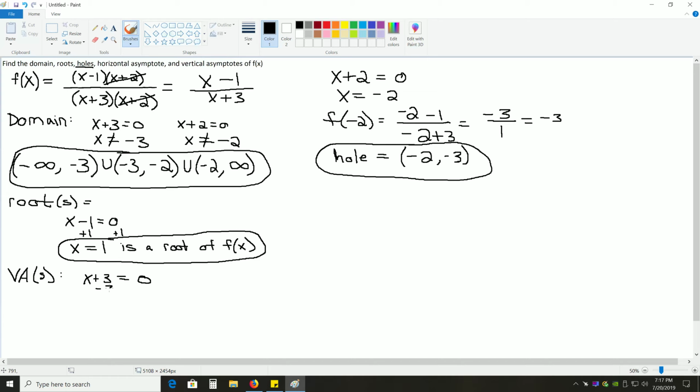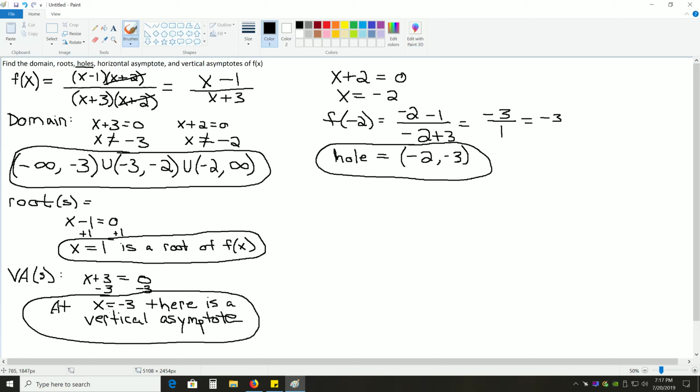And if we subtract 3 from each side, we get x equals negative 3. At x equals negative 3, there is a vertical asymptote. So we've now found almost all of the information we need for the problem.